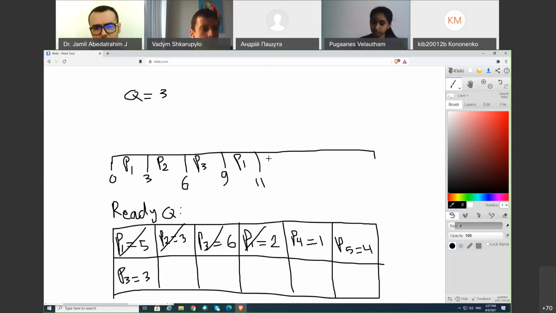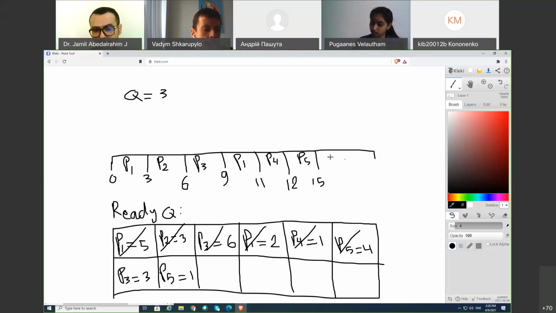Next, P4, only 1 unit until 12. P4 also has terminated its task. P5, 3 units until 15. There is a remainder, only 1 unit left.